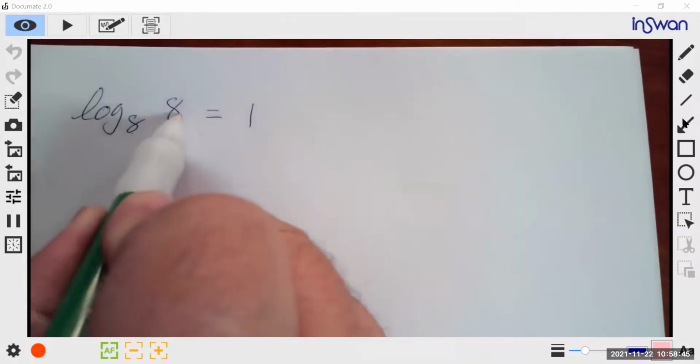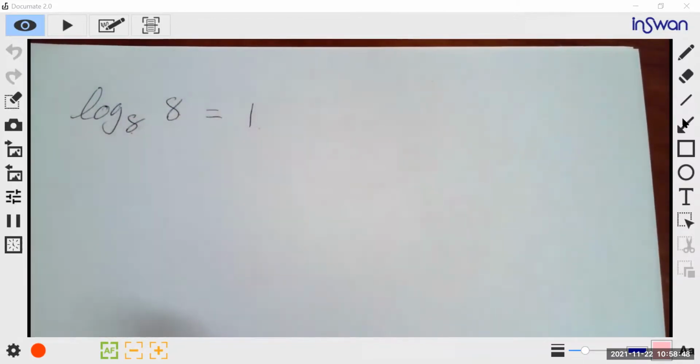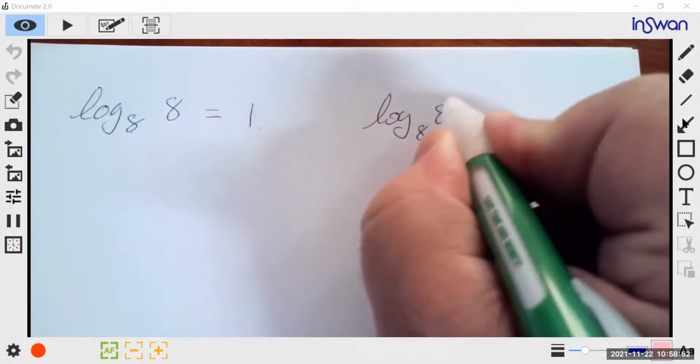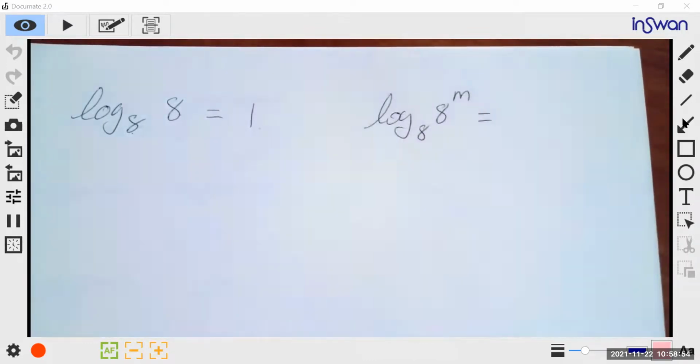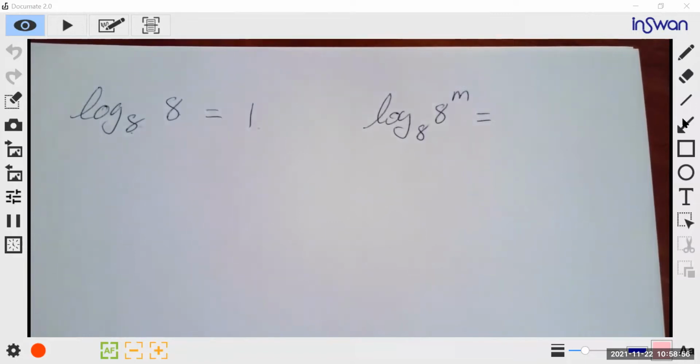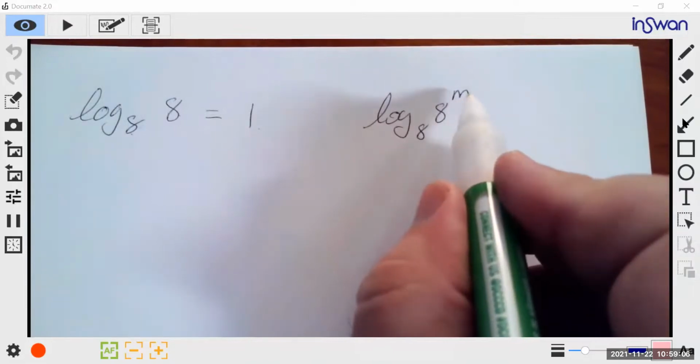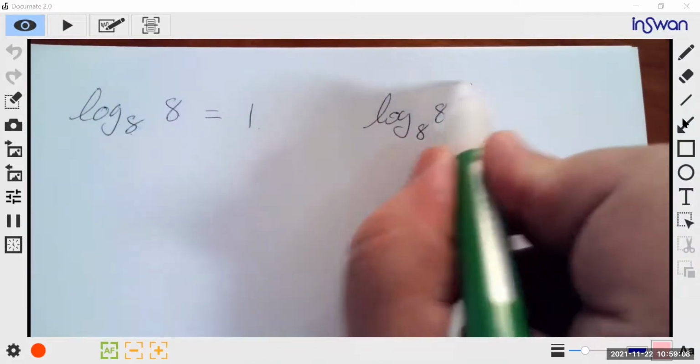Because whenever the base and the number are the same, it equals 1. What do you think that equals? Well, that is one of the theorems. Well, two of the theorems. If you have an exponent, what happens to that exponent? It goes in the front.